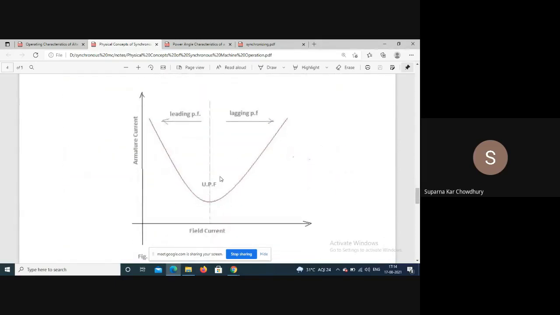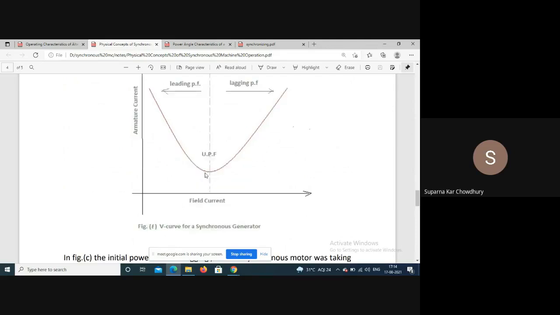That is, if we plot the alternator armature current versus field current, the armature current is minimum for unity power factor. As we change the field current on both sides, the armature current value will increase.